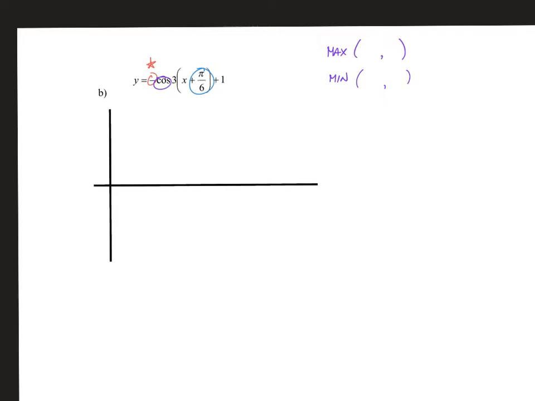The only thing that's going to affect the max or min value is the +1. So my normal cosine curve has a max at 1. This cosine curve is going to have a max at 2 because of the vertical shift. Your cosine curve normally has a minimum of -1. I shift it up 1, gets me to a minimum of 0.